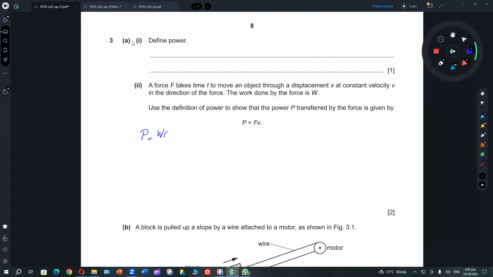Power is equal to Fd upon t, that is F into d upon t. So power is equal to force times displacement upon time, and displacement upon time is velocity. So this is a small derivation, and this is the formula. You have to copy this derivation.